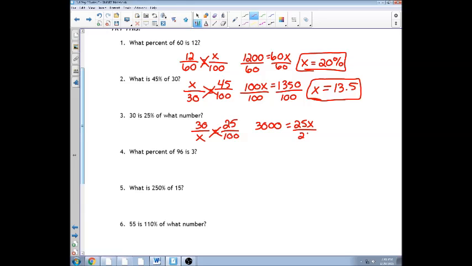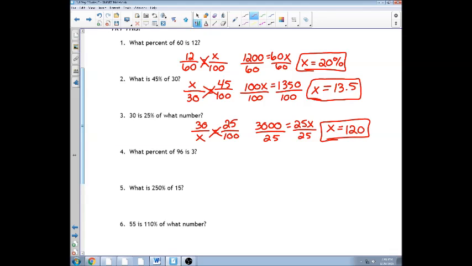Go ahead and divide by 25. X would equal 120. Again, we don't need a label on that one because we are not looking for the percentage. Every time you're looking for the percentage, you would need to put percent behind it. But if it's just the is or the of that we are looking for, then we do not need a label.